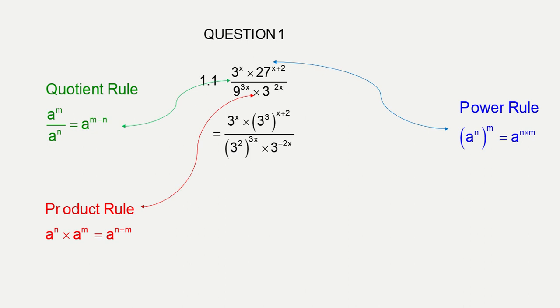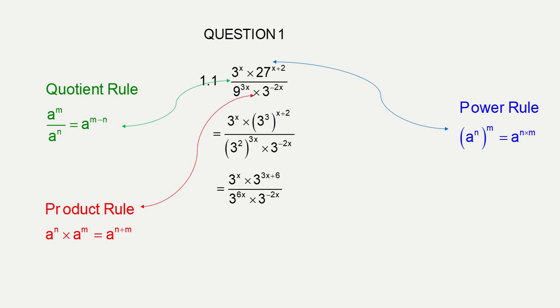So if you change 27 to a base 3, it will be 3 exponent 3, and if you change 9, it will be 3 exponent 2. If you further simplify, you will multiply 3 with x, that will give you 3x, and 3 with 2, that will give you 6.